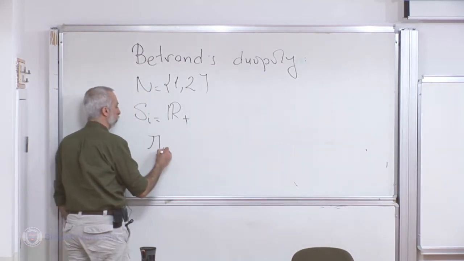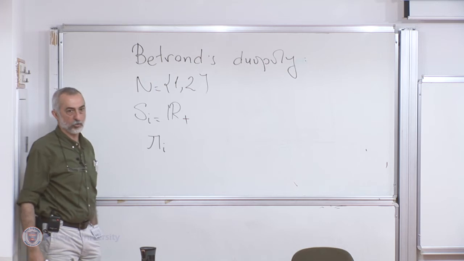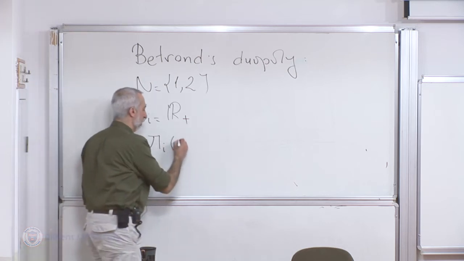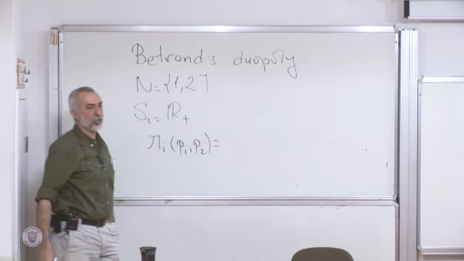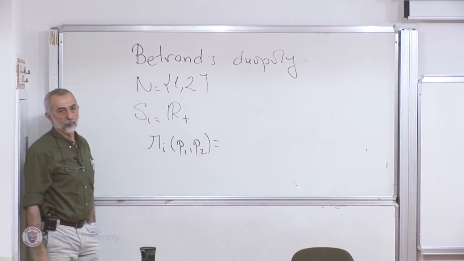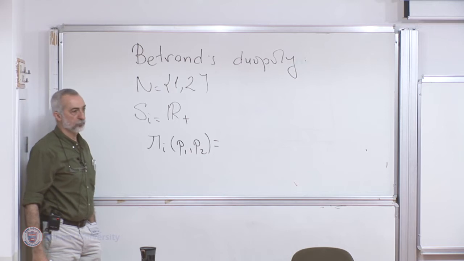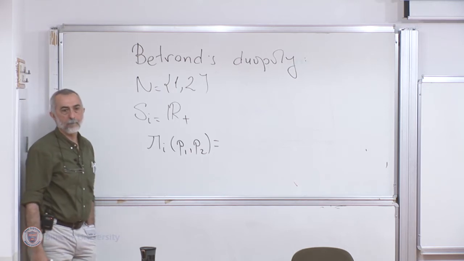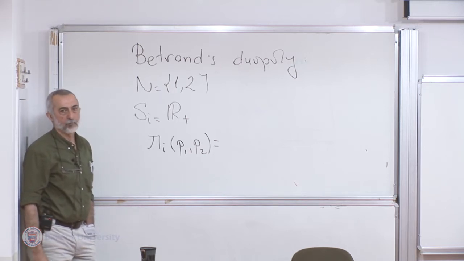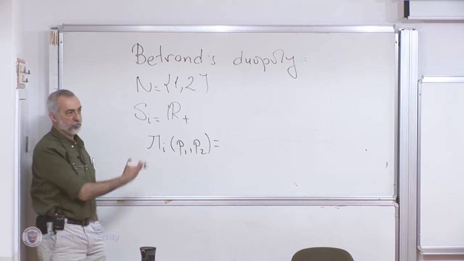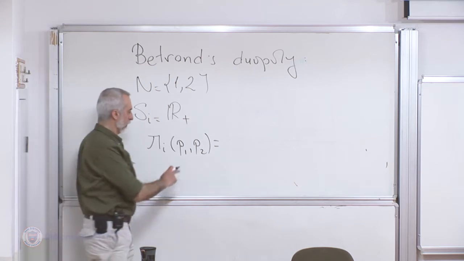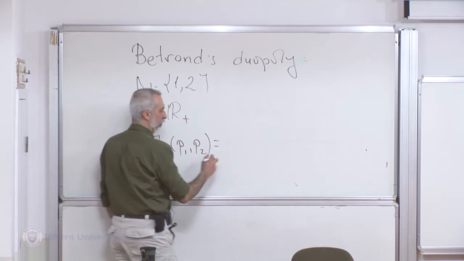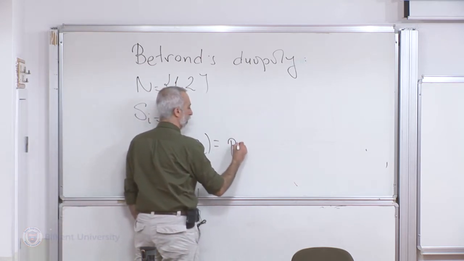So we can again use profit functions as numeric representation of preferences, but this time it's a function of price, not quantity. Okay? So what would this function be? Well, it's selling its output at p_i.